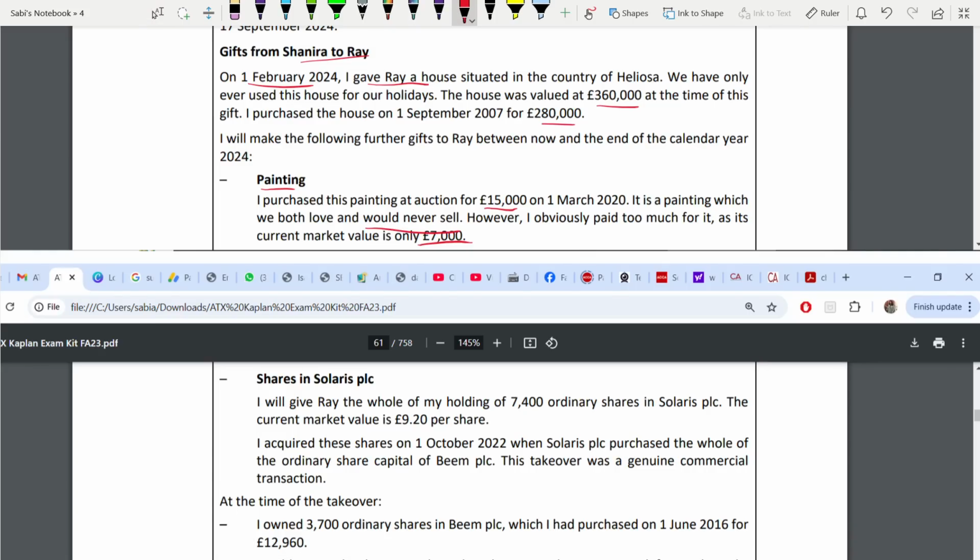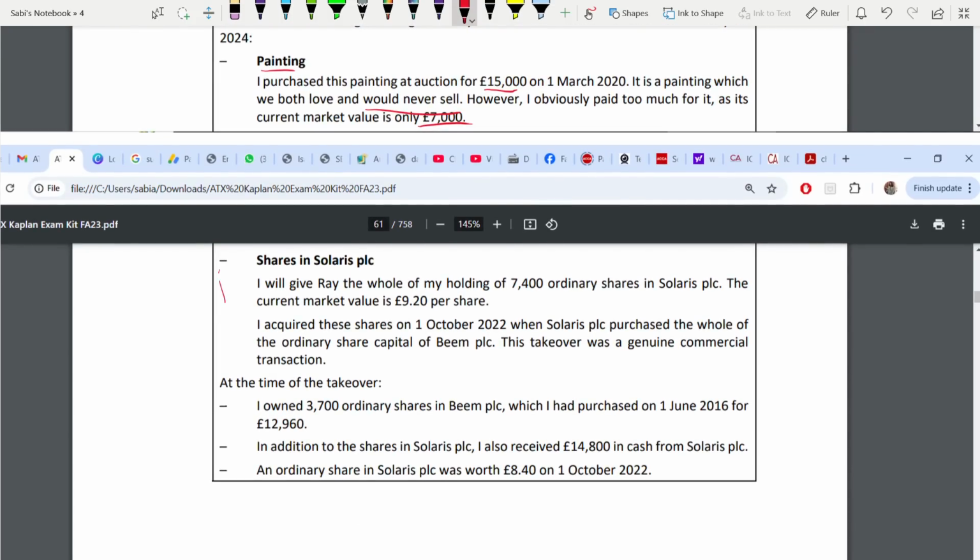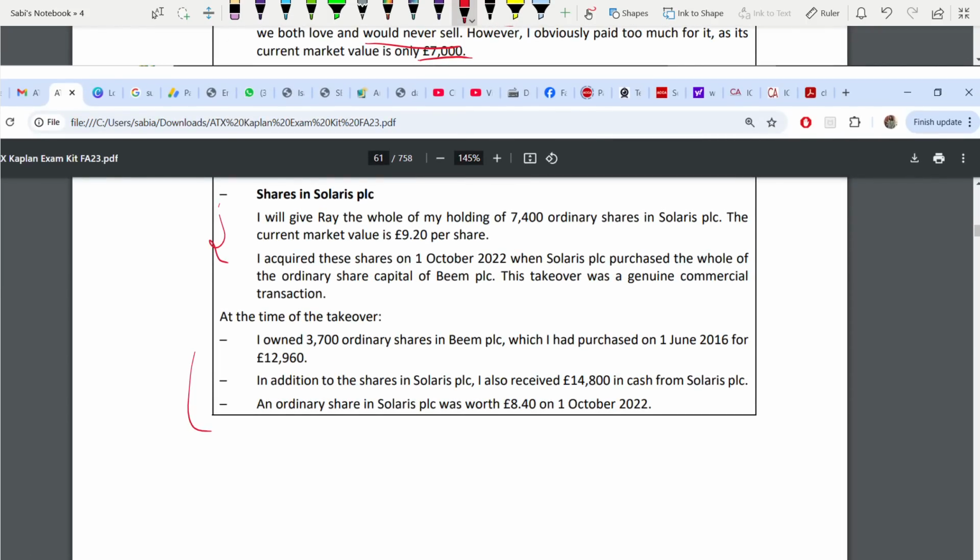Okay, coming to the shares, this is a critical area. You need to do a lot of working here, and you need this information as well. Here they are going to sell the entire holding of 7,400 shares at 9.2. This was acquired when Solace purchased the whole of the ordinary shares of Beam.